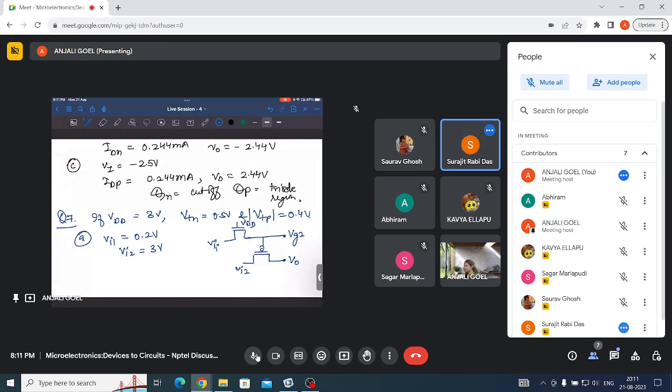VG2. No, VG2 is 0.2 volt. Yeah, then PMOS will be on and V naught will be, sorry, 2.6 volt. No, V naught will be exactly what is the input Vi2. It will be 1 VT down, no? If it is on. No, but it is greater than your VTP, so that is why.